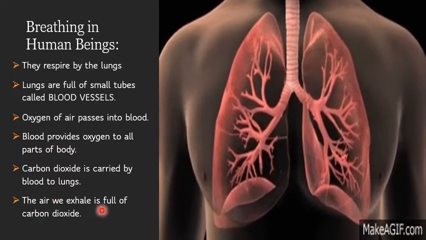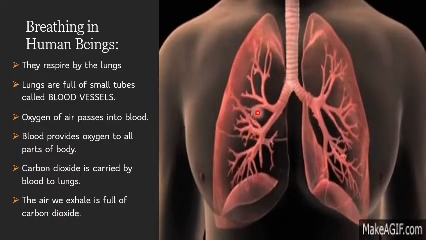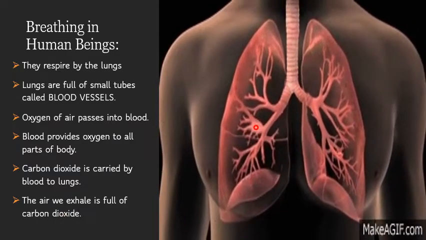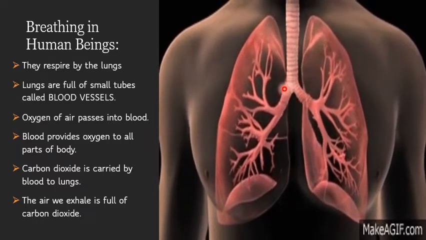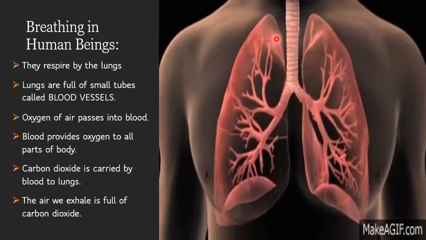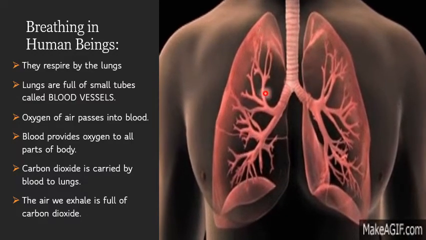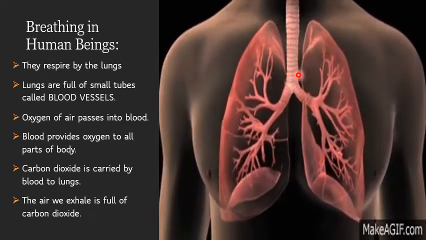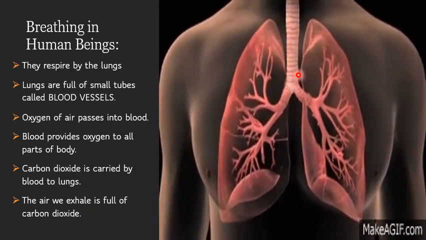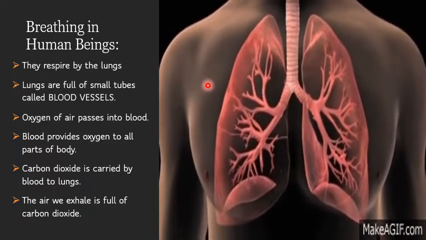Once carbon dioxide reaches the lungs, it will get mixed with air in the lungs and then we exhale that air through our trachea and it comes out from our body through our mouth or nostrils. So we can say that the air we exhale is full of carbon dioxide. This is how human beings and all mammals, birds, reptiles take in oxygen and use it to get the energy and exhale carbon dioxide.